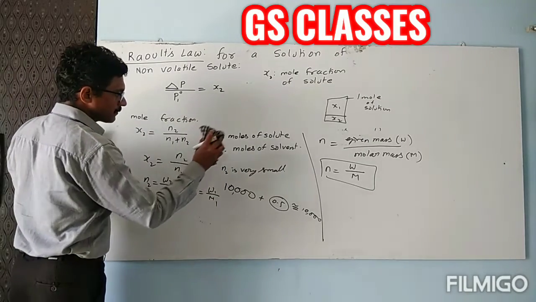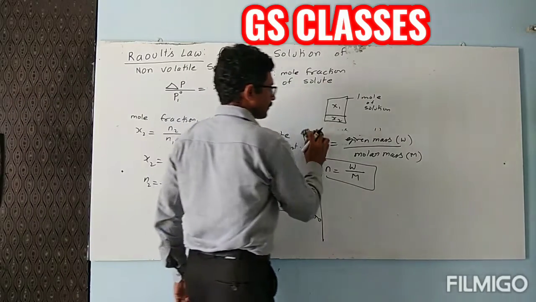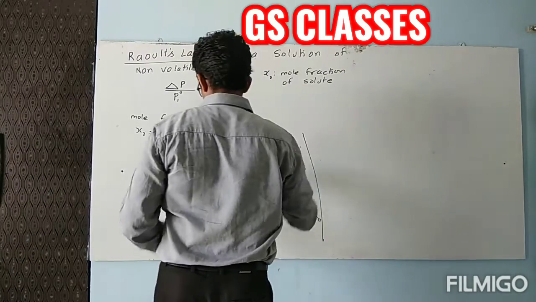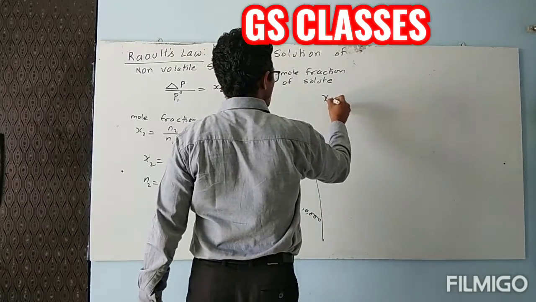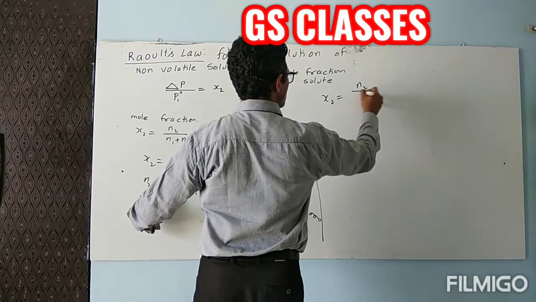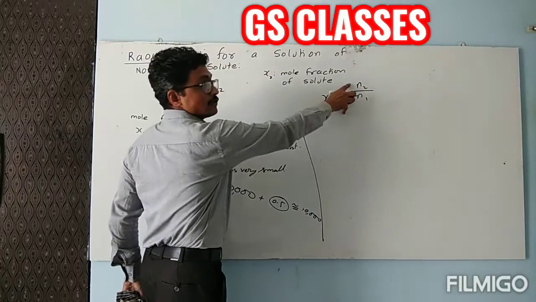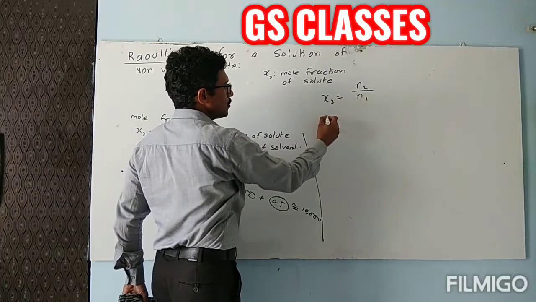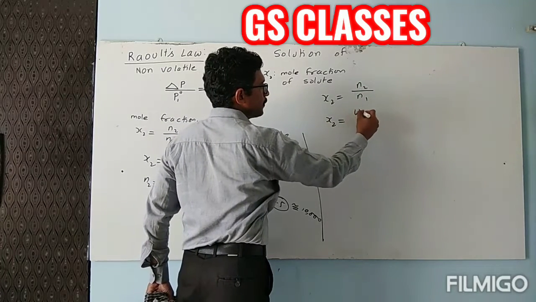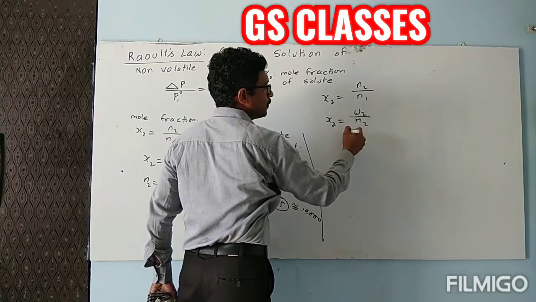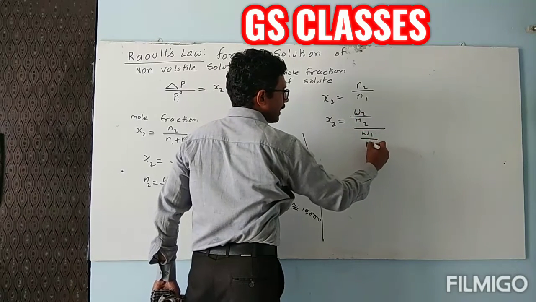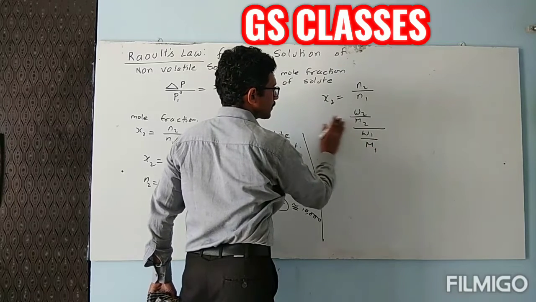Now children, X2 is going to be N2 upon N1. So X2 is going to be, you write N2 as W2 upon M2, upon W1 upon M1.